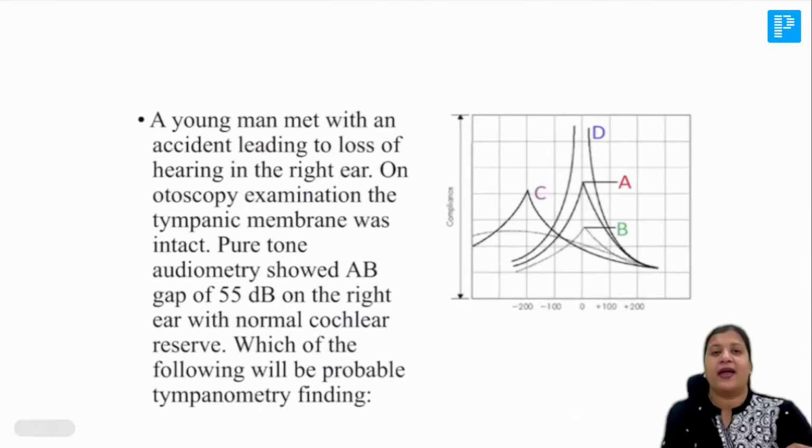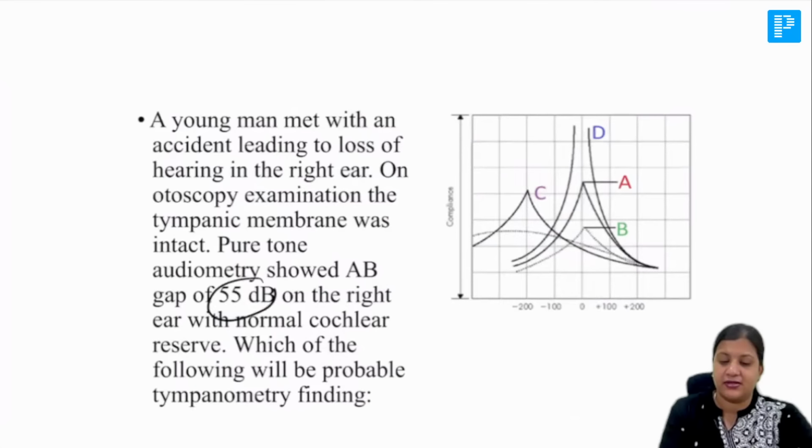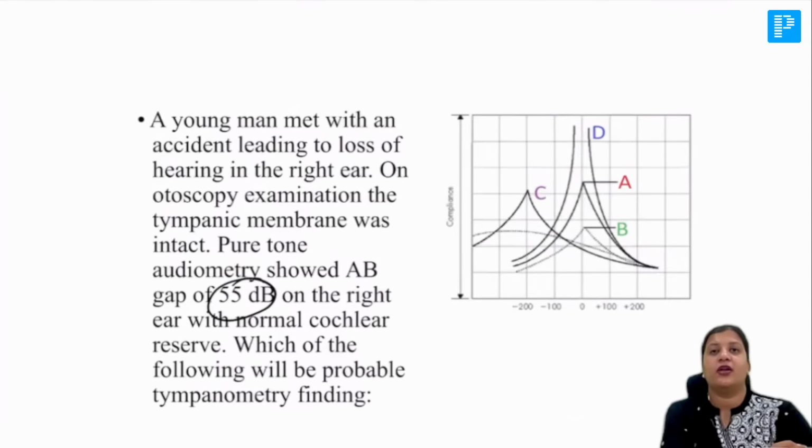A young man met with an accident leading to loss of hearing in the right ear. On otoscopic examination, the tympanic membrane was intact. Pure-tone audiometry showed an air-bone gap of 55 decibels in the right ear, with normal cochlear reserve. Which of the following will be the probable tympanometry finding?